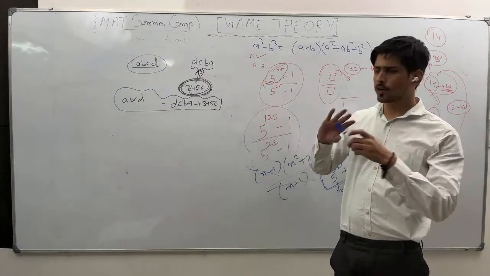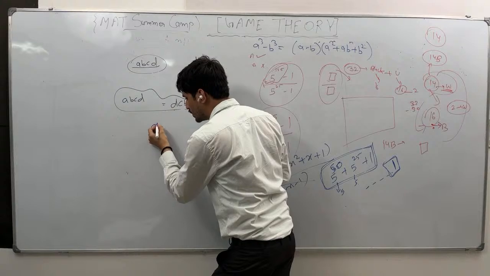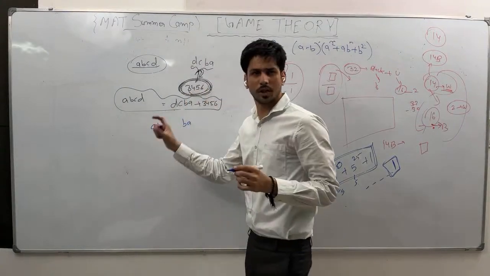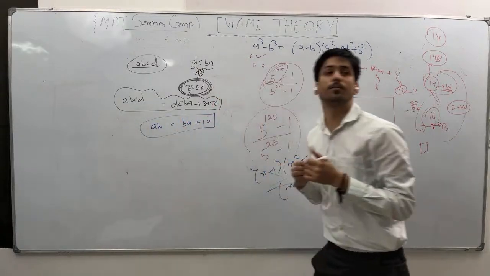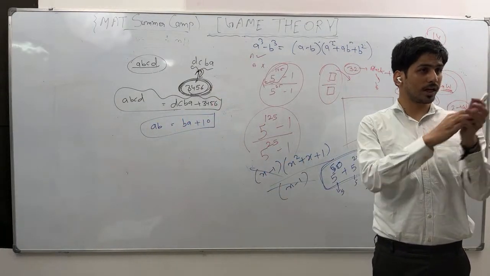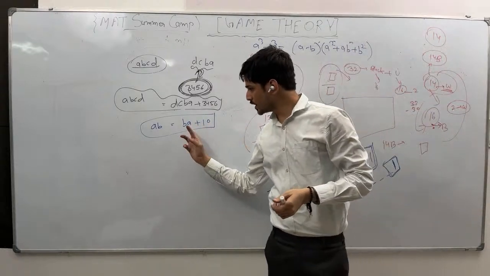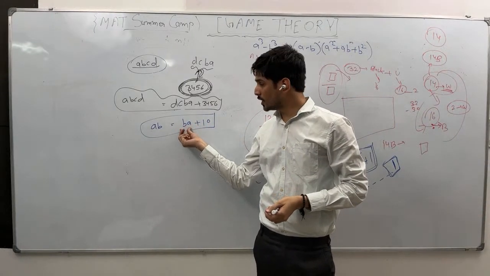If I ask you a simpler question, let's say AB, and we put BA, reversed, and let's say the difference is 10. From here, can you find the value of A and B? Two-digit number AB, and if I reverse the digits, the difference is 10.